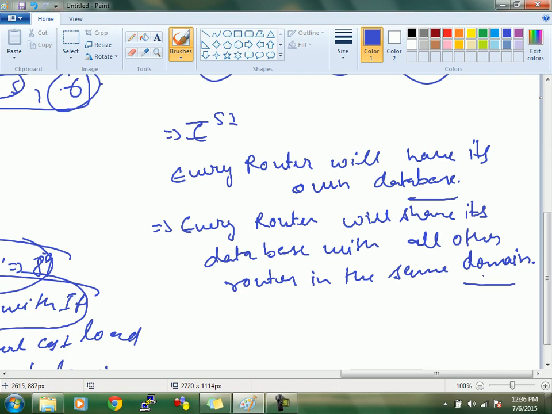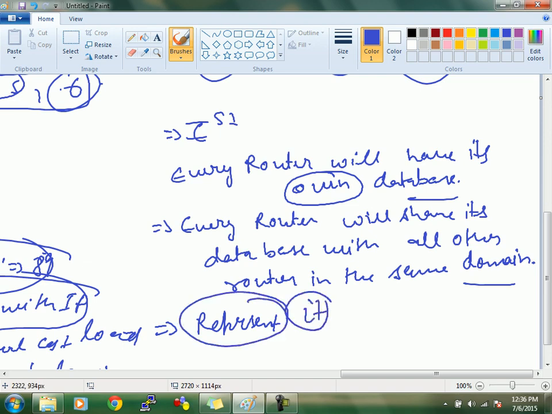Now, guys, every router is creating its own database. How do they represent it? Every router represents its database with a unique ID. Like you are representing yourself. What is your name? Shubham. Full name. He is representing himself by his name, Shubham Verma.